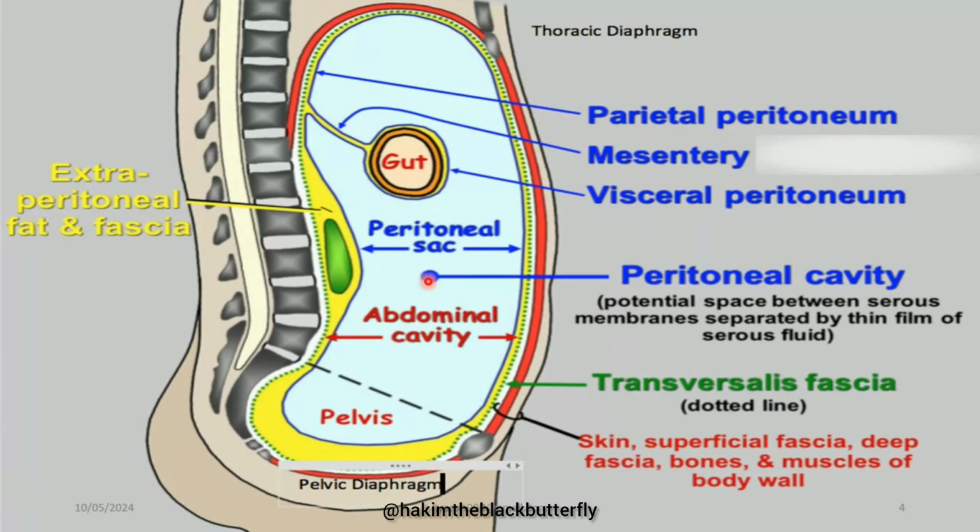So don't confuse the peritoneal cavity with the abdominal cavity. The abdominal cavity is that whole space enclosed by the abdominal wall. Okay? The peritoneal cavity is that space between the peritoneal layers, and it only contains fluid.